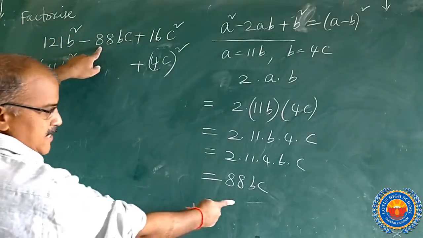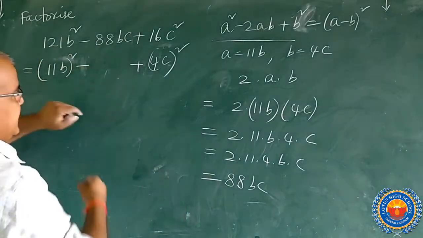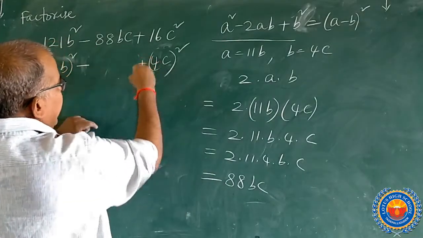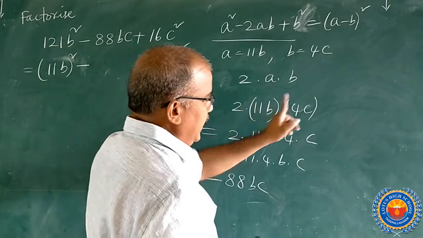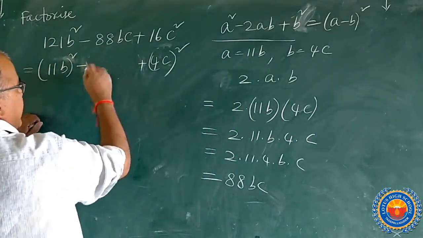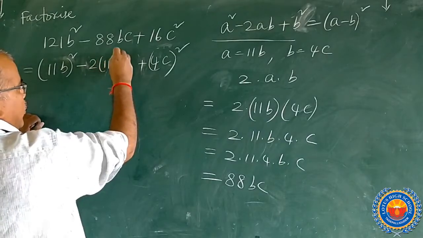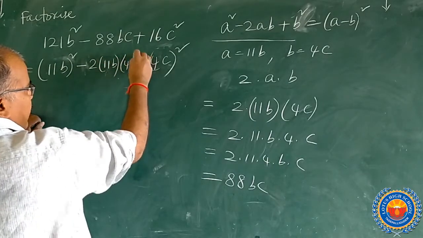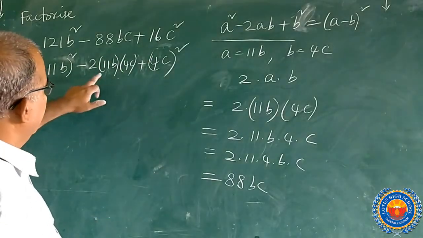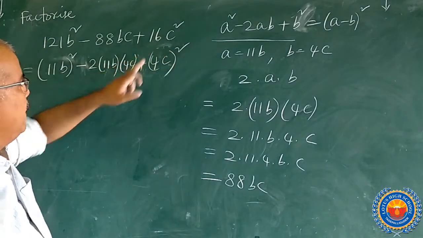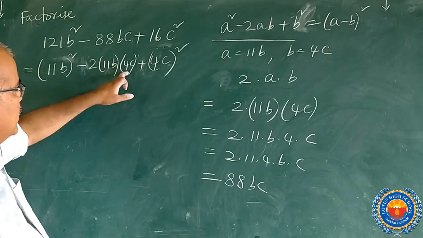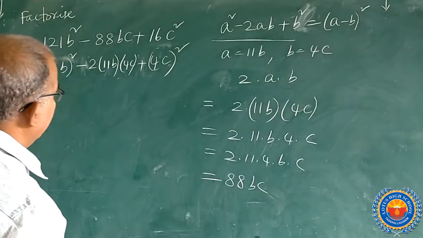Here also 88bc, here also 88. So minus you write as this, and here 88bc I can write 2 into 11b into 4c. 11b whole square is 121b square, 4c whole square is 16c square, and 2 into 11 into 4 is 88bc.